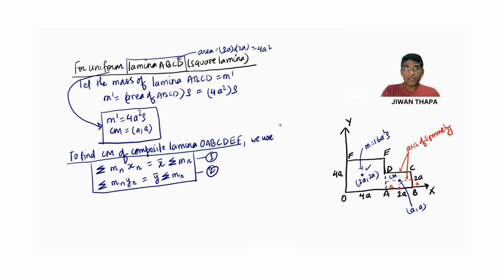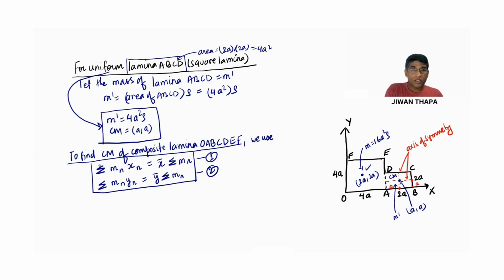So we can see the composite lamina is made from two uniform lamina. So there are two masses here, one m and another m dash. Its mass is m dash, and m dash is 4a square rho. So two masses m and m dash are combined to form a composite lamina.